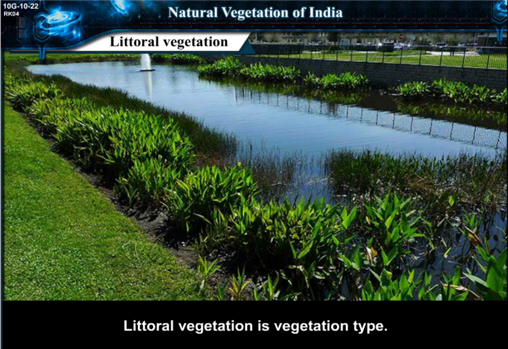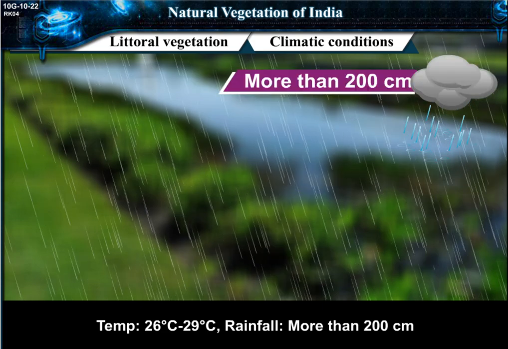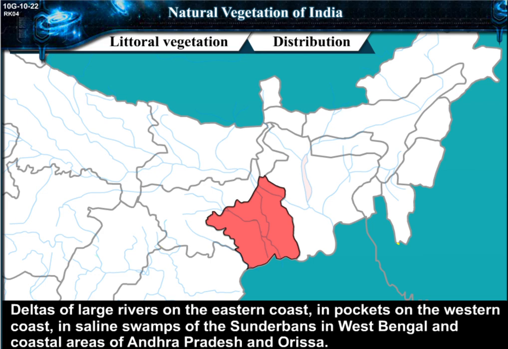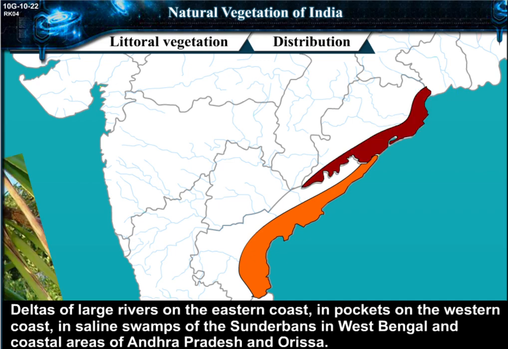Littoral vegetation is the next kind of vegetation, found in areas where the temperature ranges from 26 degrees Celsius to 29 degrees Celsius. Rainfall is more than 200 centimeters. It is distributed in deltas of large rivers on the eastern coast, in pockets on the western coast, in saline swamps of the Sundarbans in West Bengal, and coastal areas of Andhra Pradesh and Orissa.